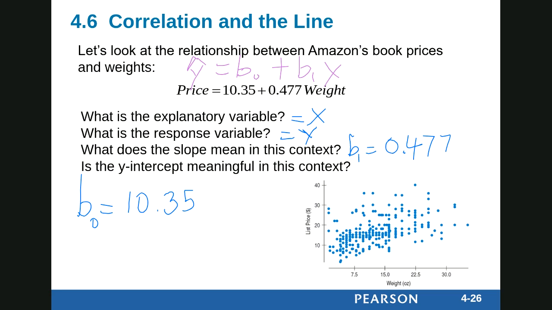So Christopher, you're looking at the scatter plot, and when the price is $10.35, there are prices that are less than $10.35 with an increase in the weight. So you're saying it doesn't seem meaningful.